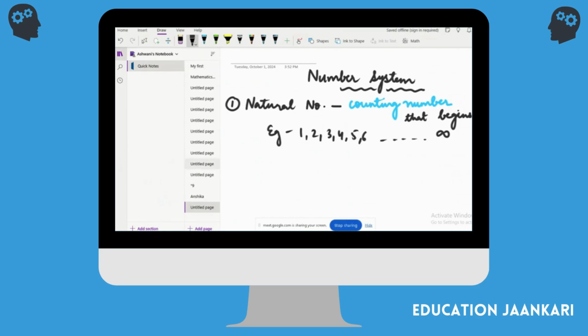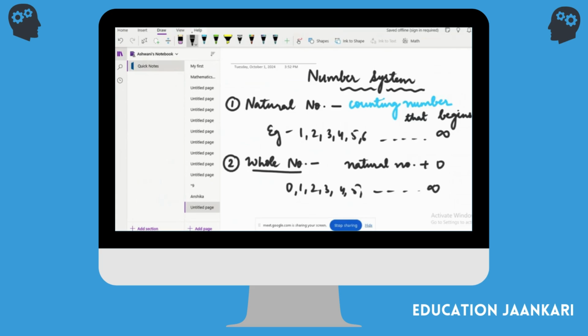Okay. So do you know what are whole numbers? Natural numbers with zero. Very good. Natural numbers plus 0. So it begins with 0, 1, 2, 3, 4, 5, and so on till infinity, right?